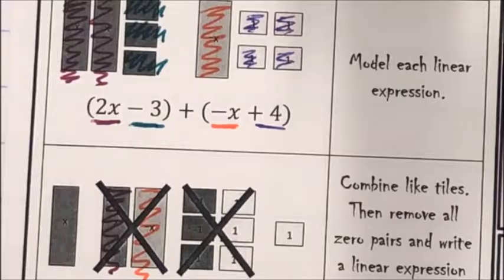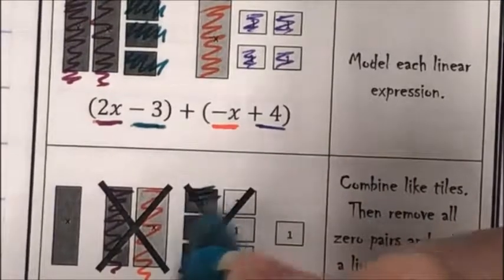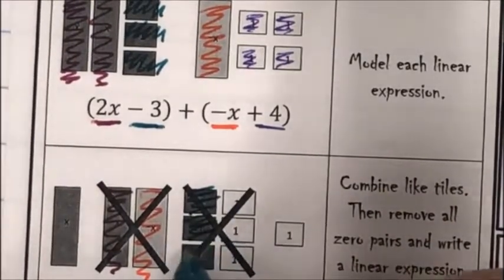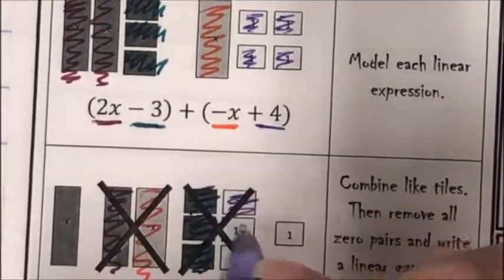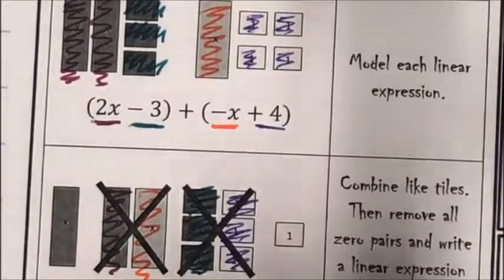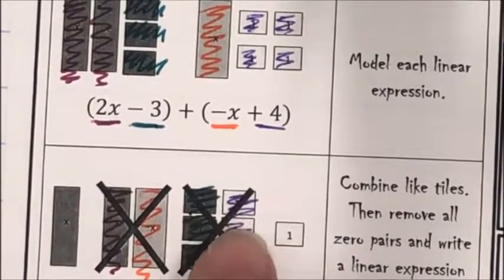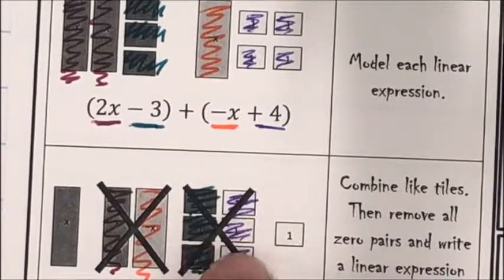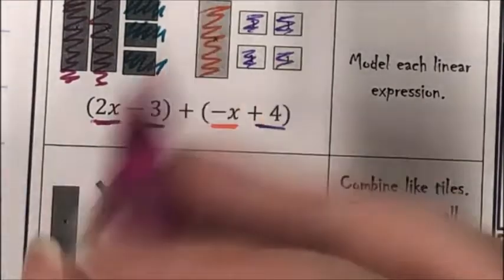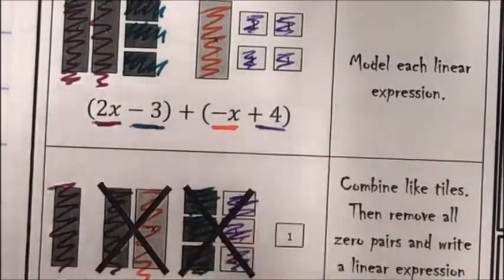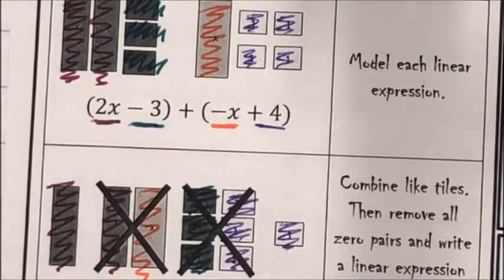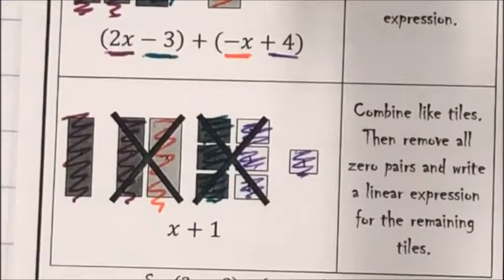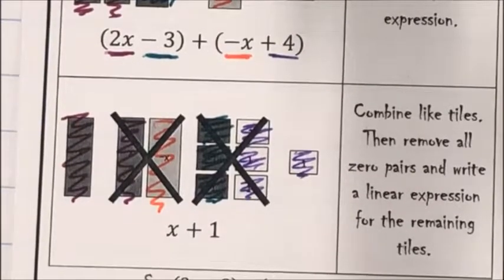Then I can take 3 negative 1's and 3 positive 1's, and they cancel out because negative 1 plus 1 is 0, negative 1 plus 1 is 0, negative 1 plus 1 is 0. So the only things I'm left with are a positive x and a positive 1, which is how I get my expression x plus 1.